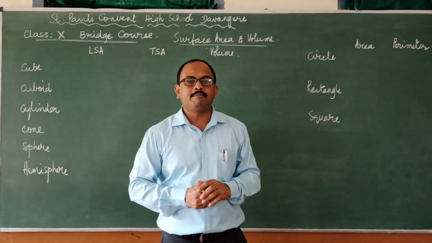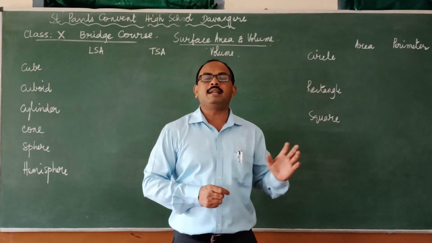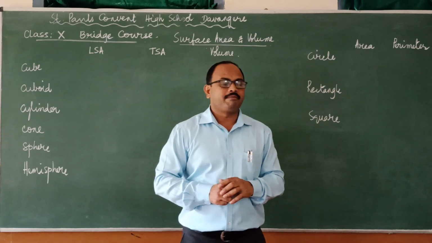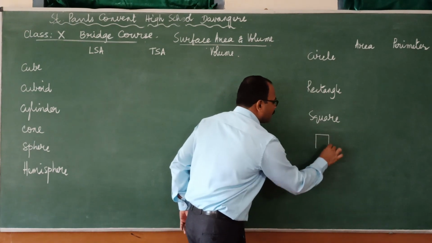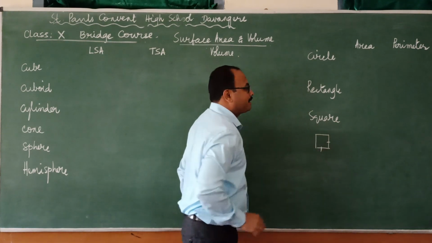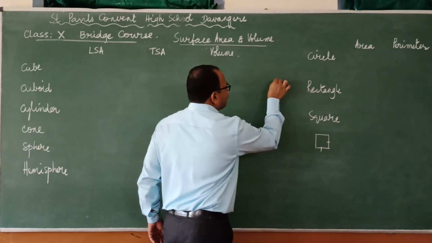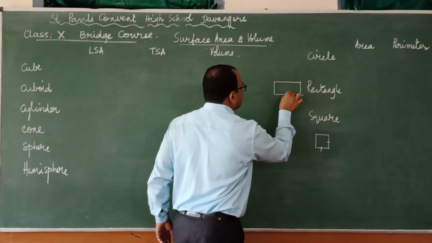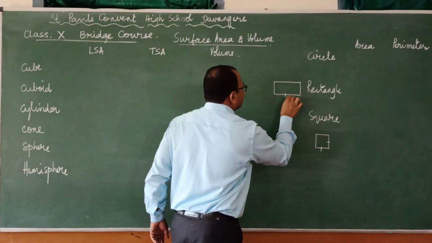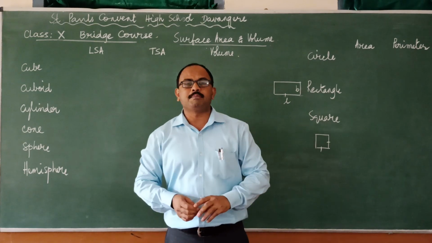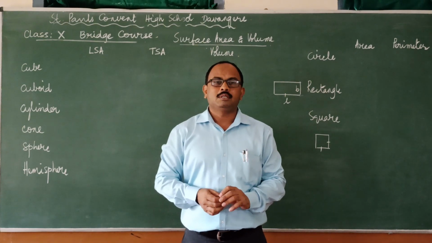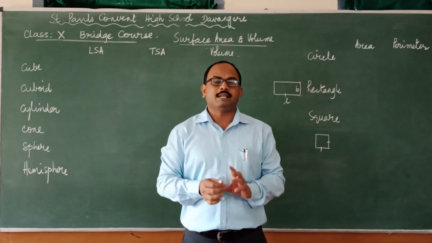Two-dimensional figures have only length and breadth, children. If we consider a square, or a rectangle, children, this is length, this will become breadth. We have only two pieces of information to say about that particular figure.